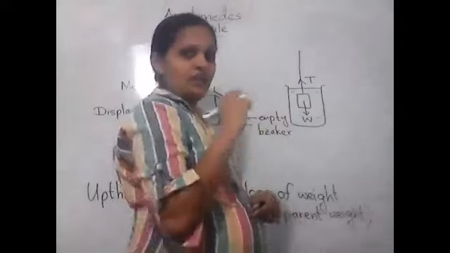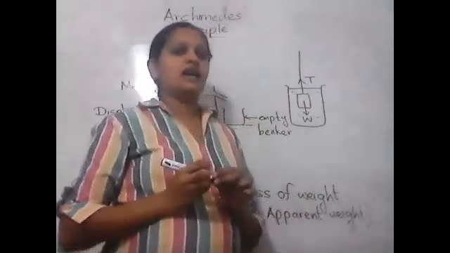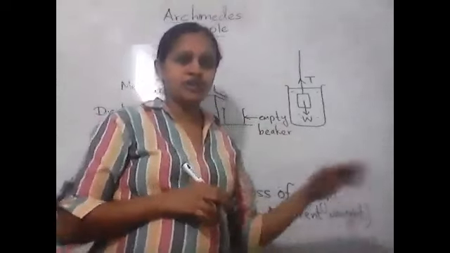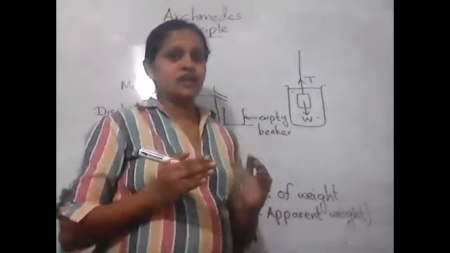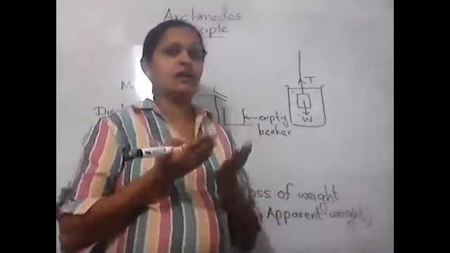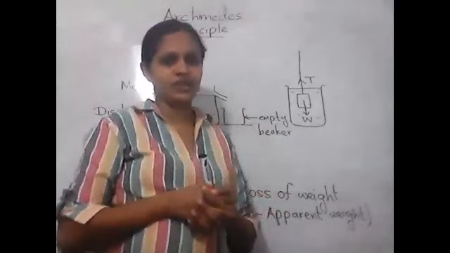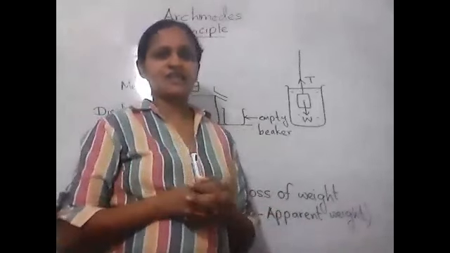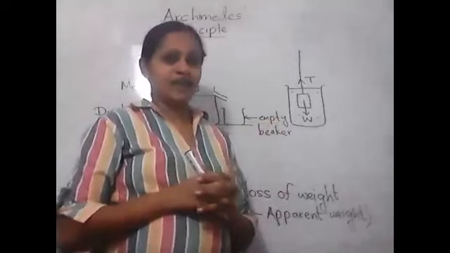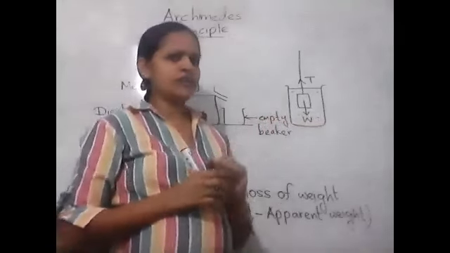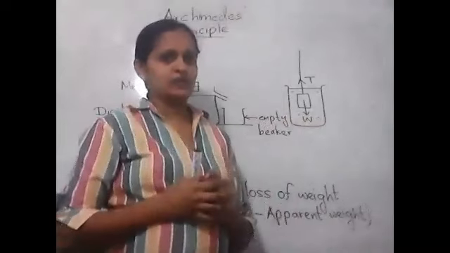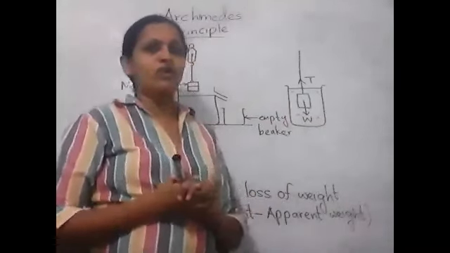And once an object is immersed in a fluid or in water, the real weight of the object is reduced because there is an upward force acting on the object. You may have experienced this once you step into water, into a swimming pool or tank. We feel that our body weight has been reduced once we step into water.